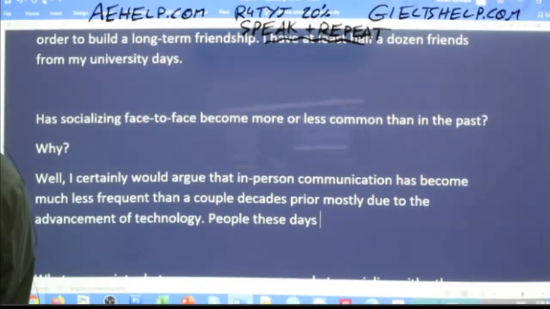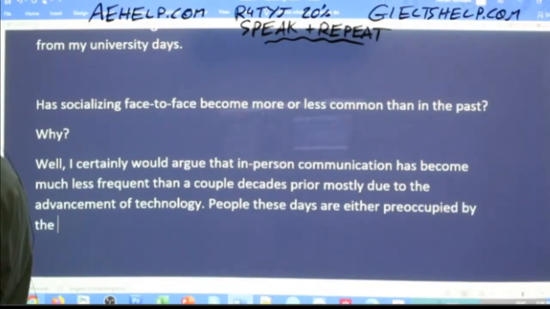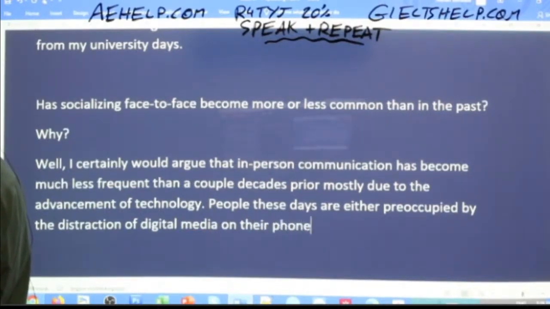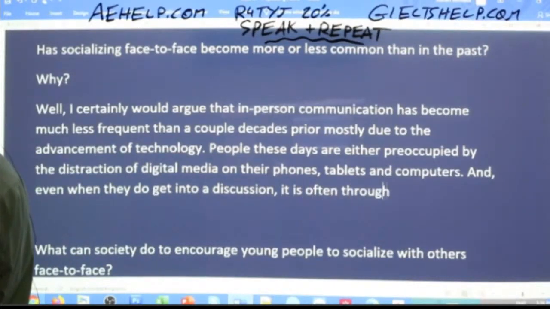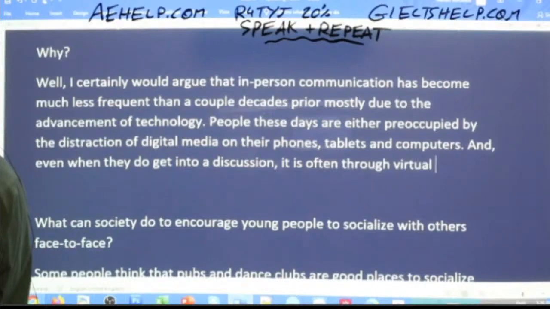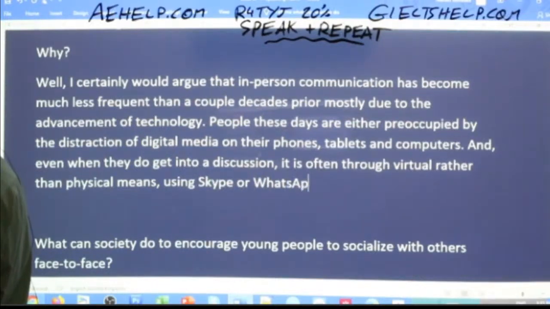People these days are either preoccupied by the distractions of digital media on their phones, tablets, and computers, and even when they do get into a discussion, it is often through virtual rather than physical means, using Skype or WhatsApp, to name a couple.